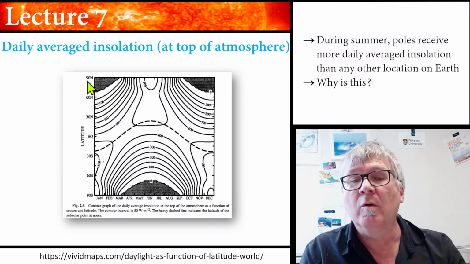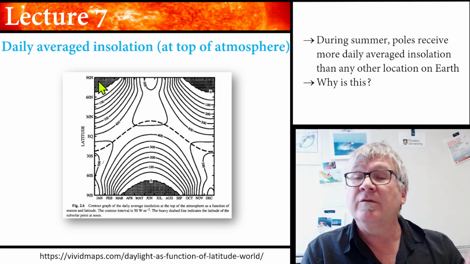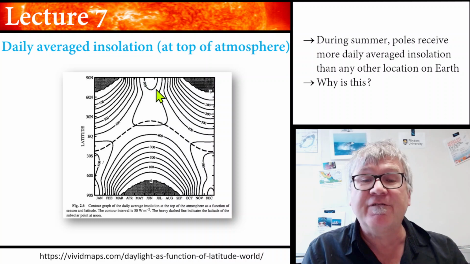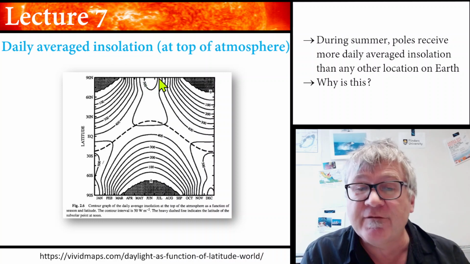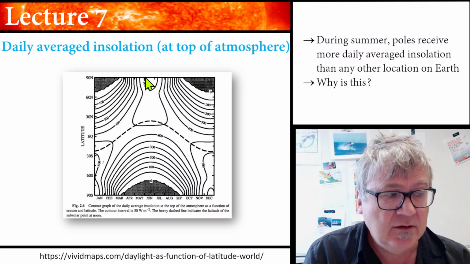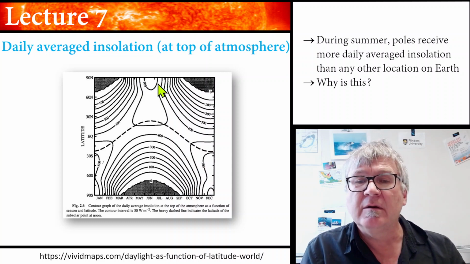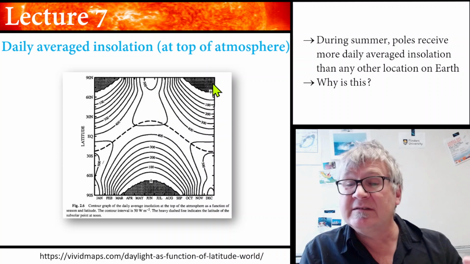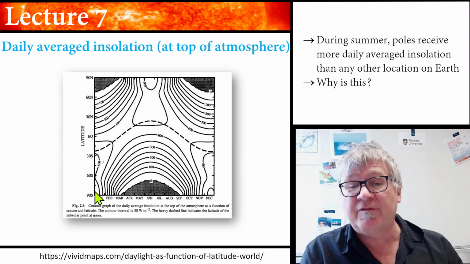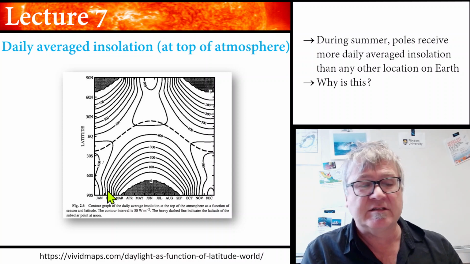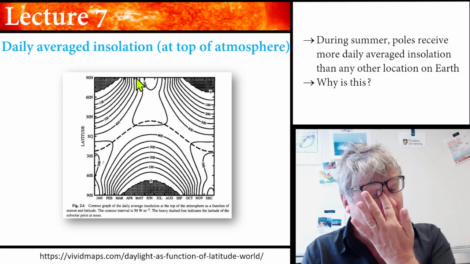Absolutely no insolation. During summertime, you actually get a maximum exceeding 500 watts per square meter. You see that? 500 watts per square meter, and then it goes back into the winter. It's the same in the southern hemisphere, but here just the summer is cut in half in this graph. That's why I show you the northern hemisphere.